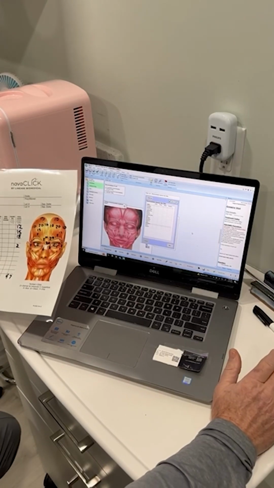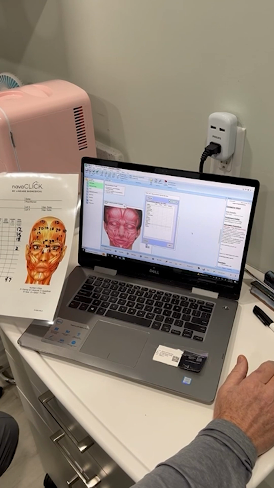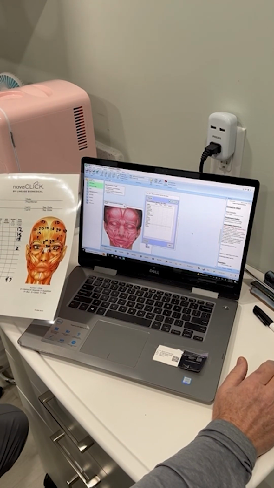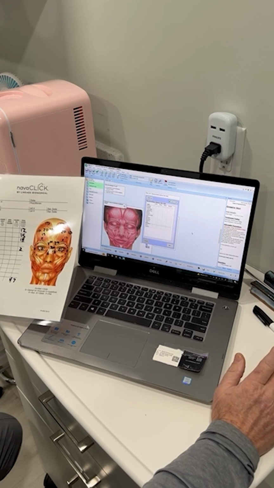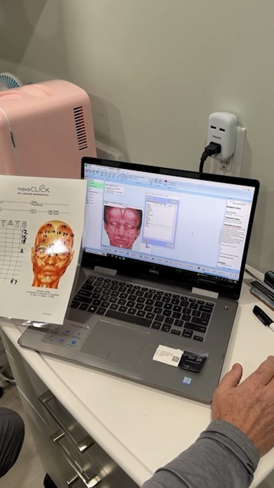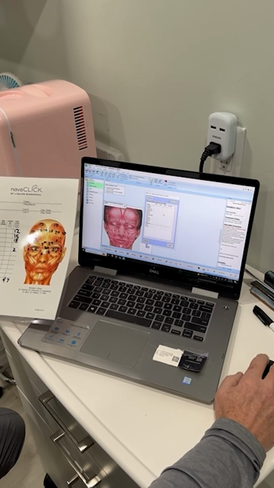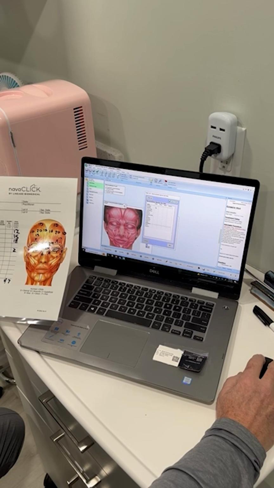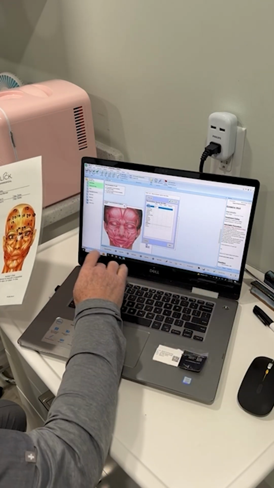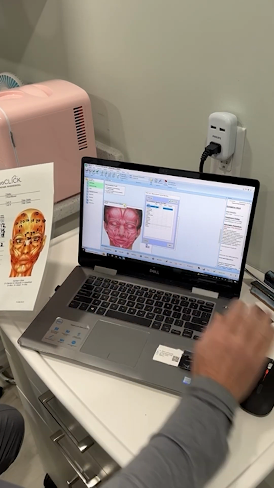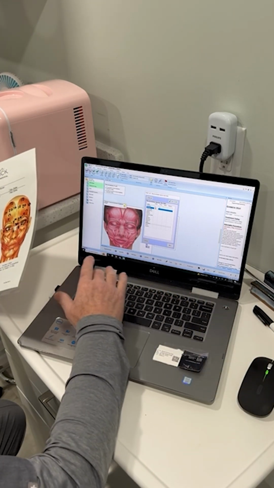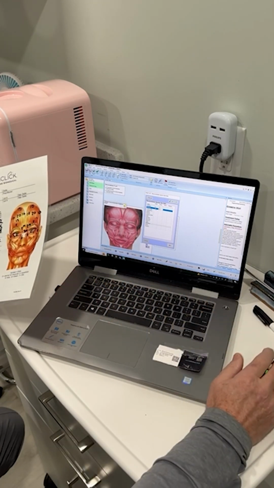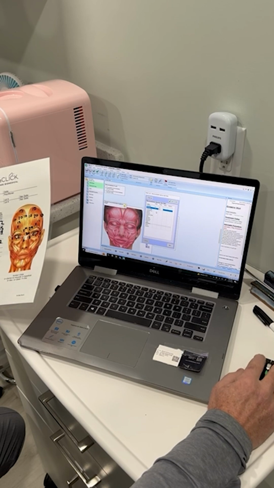But I am not always here, and so if one of my injectors comes behind me to treat a patient, I want them to know exactly where we put it and what level we put it in. So I'm going to chart what I did for myself earlier, and we know we used 12 units in the frontalis. We used 15 units in the glabella, and those are 15 clicks, 12 units.